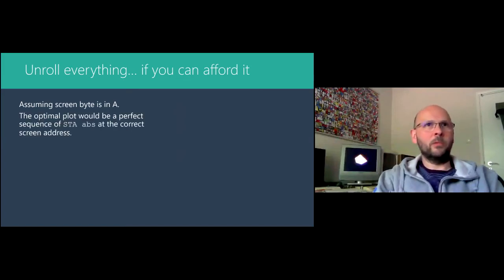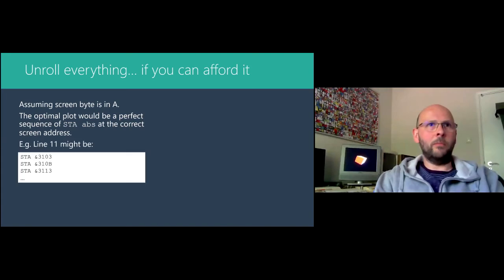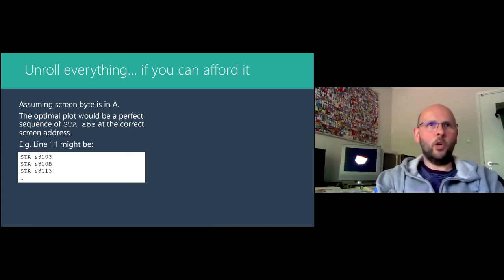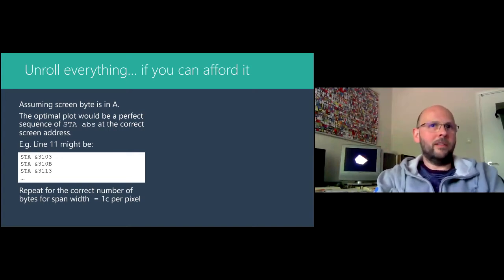Then the optimal sequence would just be a load of store absolutes, right? So a line might just be store, store, store, store, store, and we perfectly know how many of those we want to execute in a row, and that would end up being 4 cycles for each byte. That's 4 pixels in a byte, and so we get 1 cycle per pixel. That's our theoretical optimal maximum.